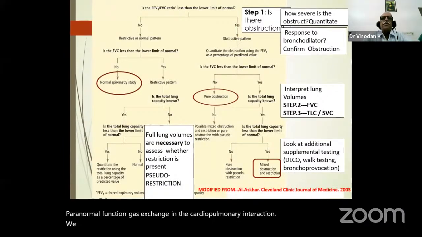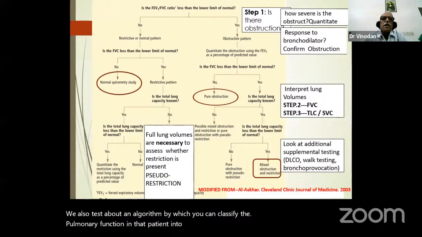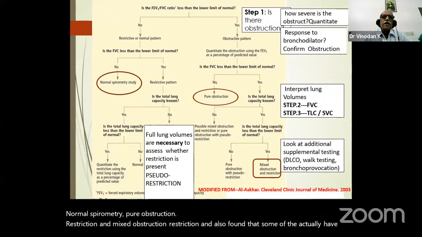We also touched upon an algorithm by which you can classify the pulmonary function in that patient into normal spirometry, pure obstruction, restriction, and mixed obstruction and restriction, and also found that some of them actually have something called pseudo restriction.